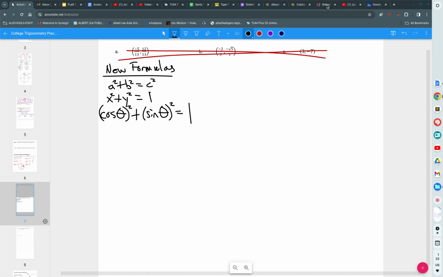And in trigonometry, we don't write it that way. We use a little bit of a shorthand. Sine of theta squared, instead of writing it like that, we actually write sine squared of theta. And then we write cosine squared of theta is equal to 1.